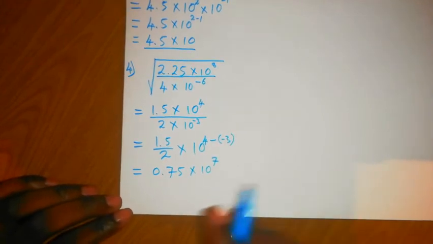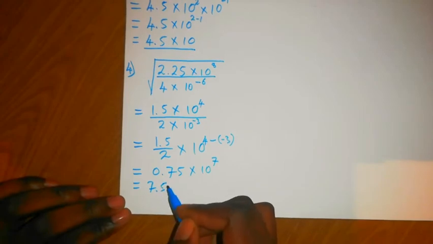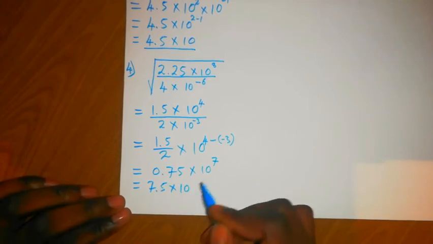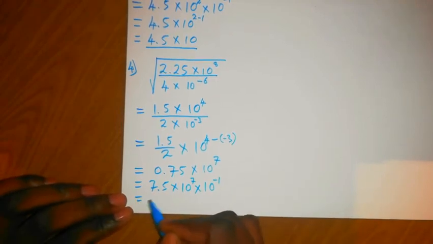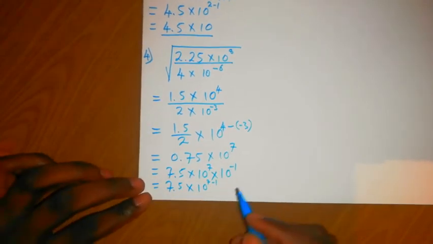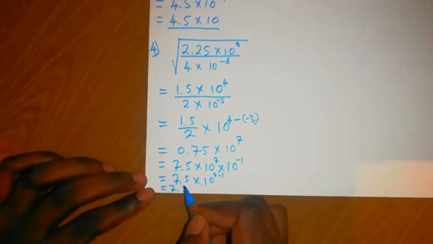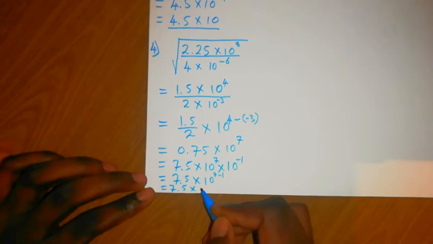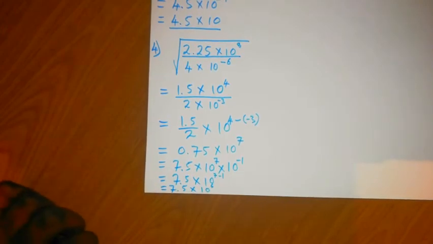I'll then put it into standard form, so that's equal to 7.5 times 10 to the power 7 times 10 to the power negative 1. So it's equal to 7.5 times 10 to the power 7 minus 1. Then my final answer is equal to 7.5 times 10 to the power of 6. That is my final answer.